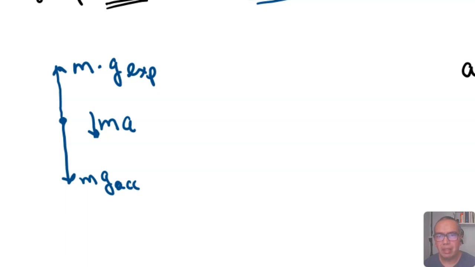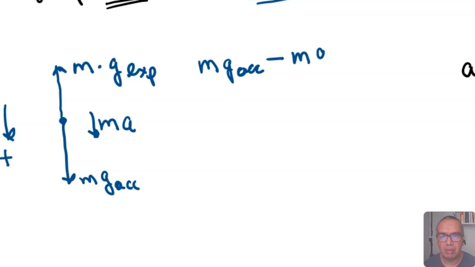Now, this means that if we take positive downward to make simpler calculations, mass times the g accepted minus the mass times g experimental is equal to the mass times the acceleration of the whole elevator.